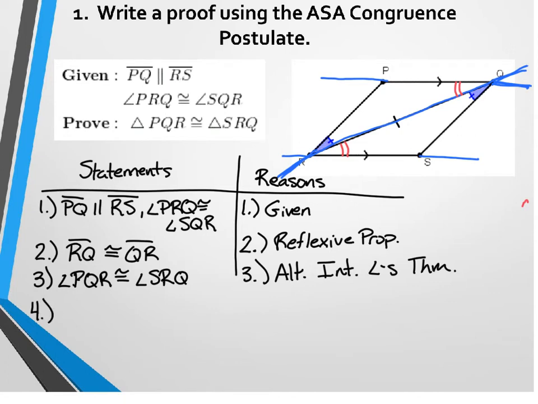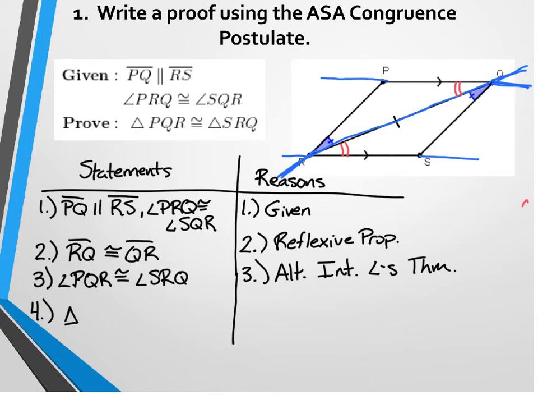is number 4. Because we have shown and are given enough information now that we have an angle, 2 corresponding angles, a corresponding side, and another 2 corresponding angles being shown congruent in each of our triangles, then by angle, side, angle, these 2 triangles are congruent.